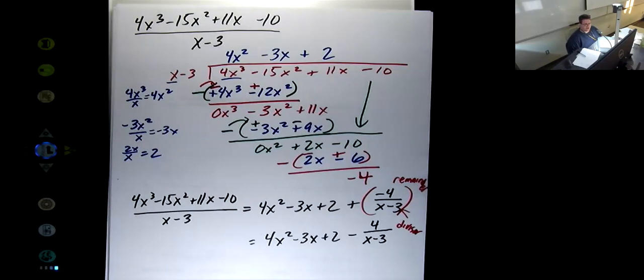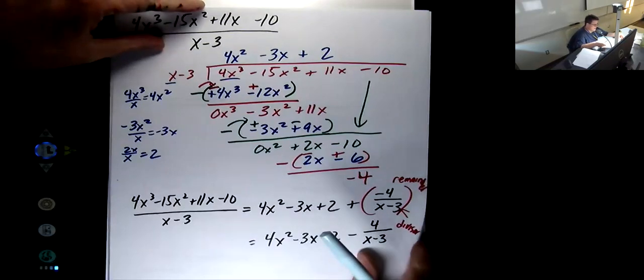So this is doing long division with polynomials. I'm going to do synthetic division with the exact same numbers. Exact same problem.